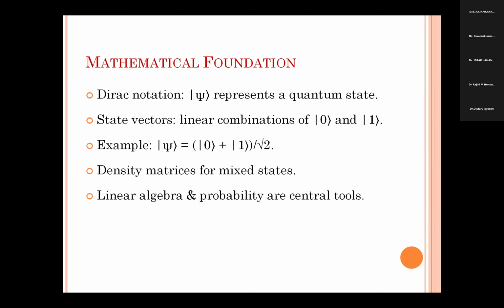Paul Dirac is one of the people who invented a consistent way to represent quantum states and operators. Ket notation is used for state vectors. A state vector is a linear combination of Ket 0 and Ket 1.